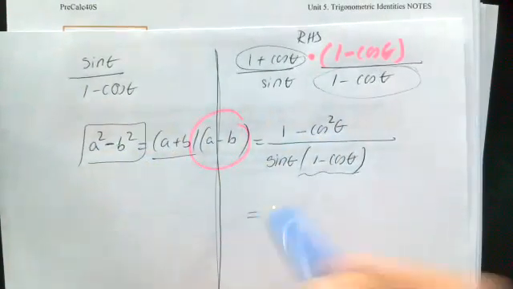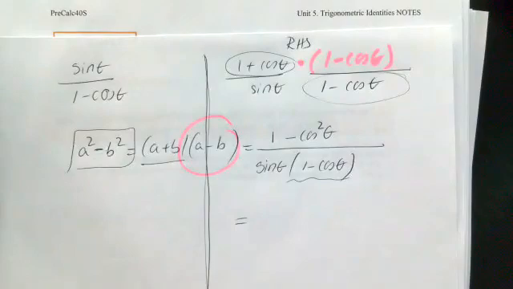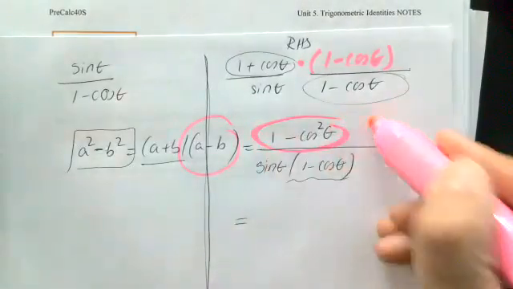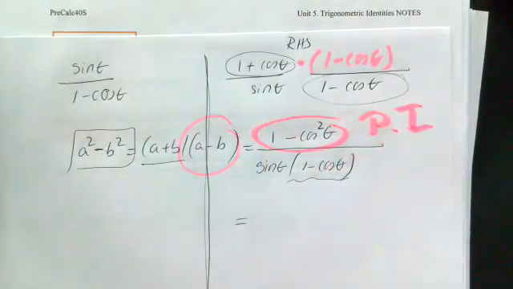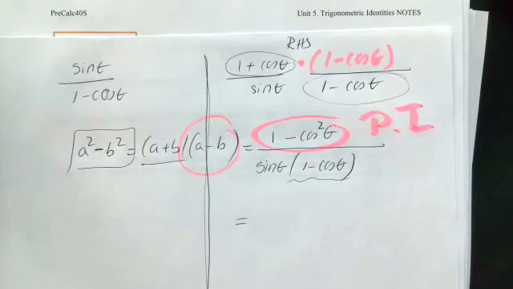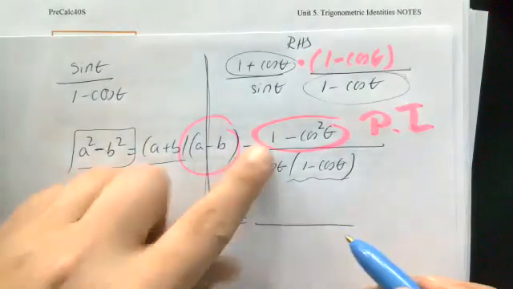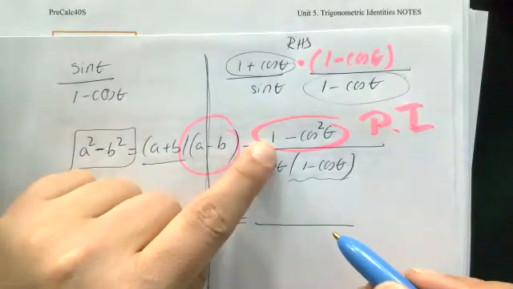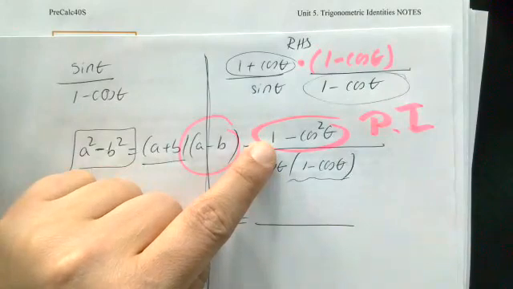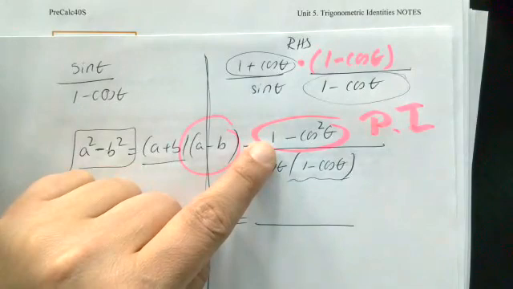Now, to come up with the next step, you have to recognize this as being the Pythagorean identity, one of the converted ones. Which one is it? What is it going to equal to? 1 minus cos squared theta, it was going to equal to what?